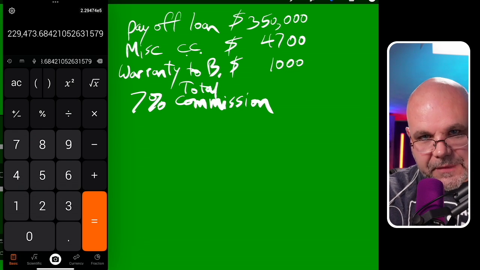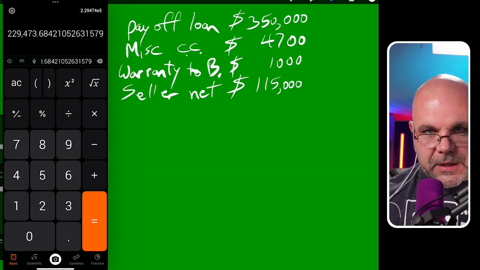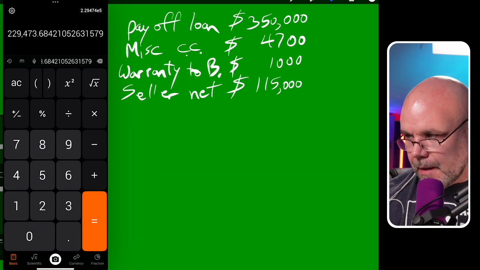The agent's involved, right? And then the seller wants to walk away with how much money? Let's say the seller wants $115,000 to take and use on their next purchase. 115.